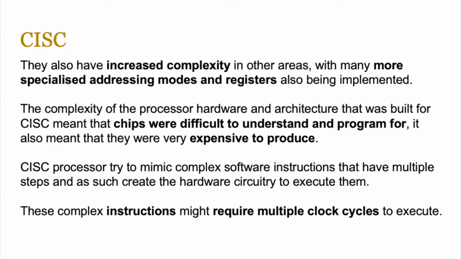So a CISC processor might not know the result of an instruction till 10 or 50 clock cycles compared to a RISC one. However, the benefit of this philosophy is that this leads to shorter coding because the programmer types one instruction and the processor does all of the heavy lifting.